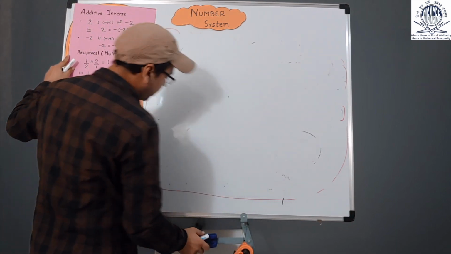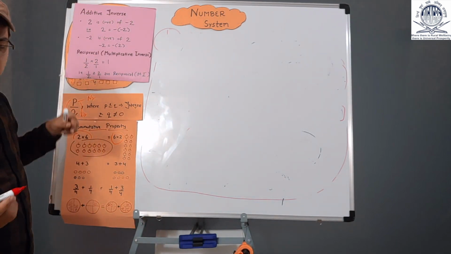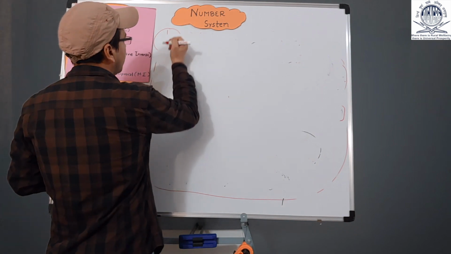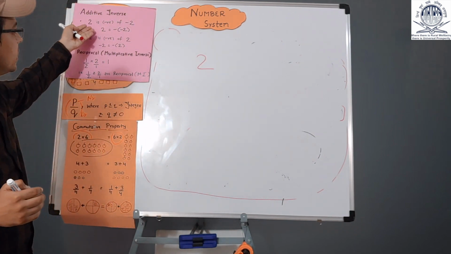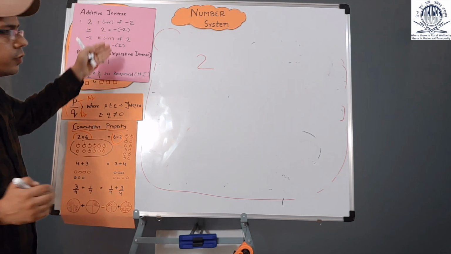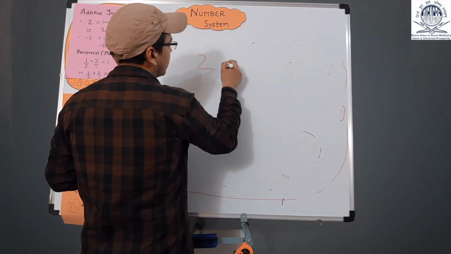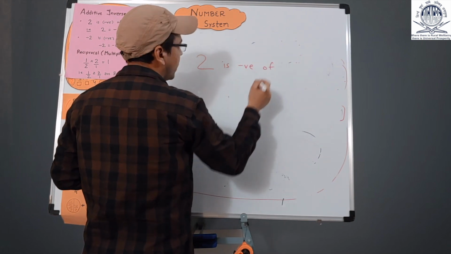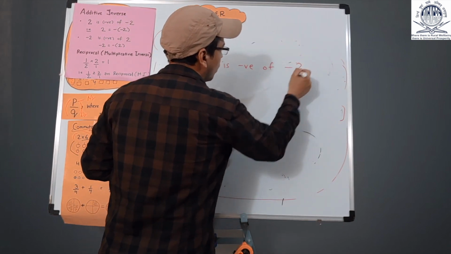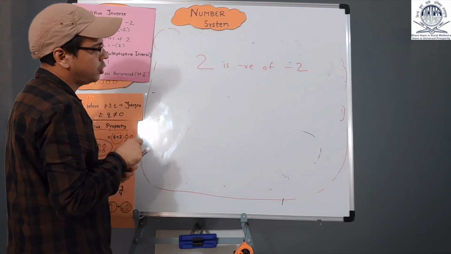So let's take an example. I have this number 2. Now this number is the negative of minus 2. What does this statement actually mean?